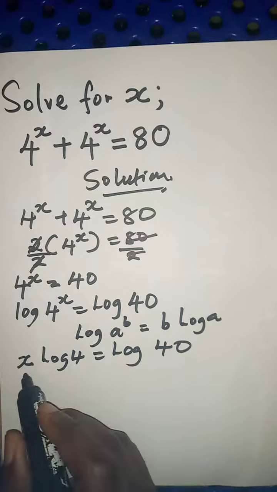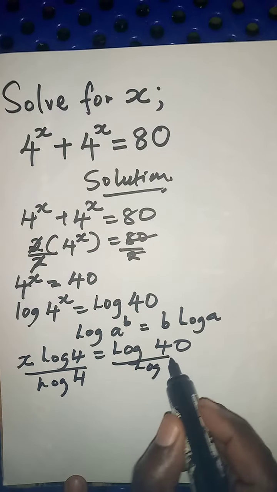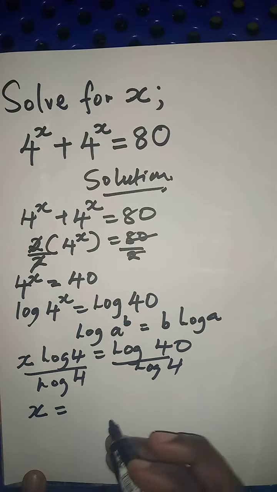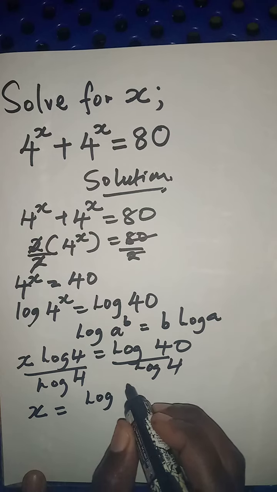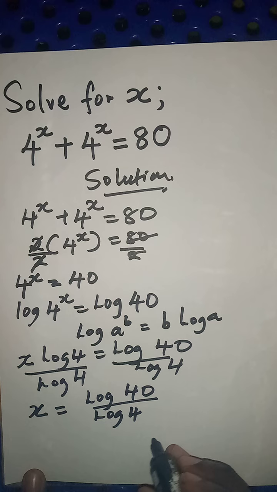So next step, I'm going to divide all through by the log of 4, so that I have x now as an independent value, equals the log of 40 divided by the log of 4.